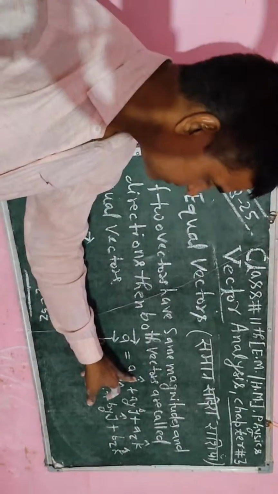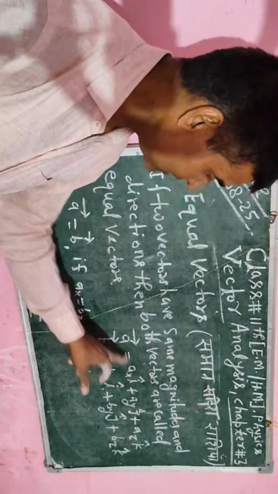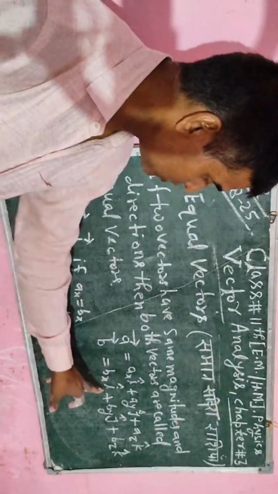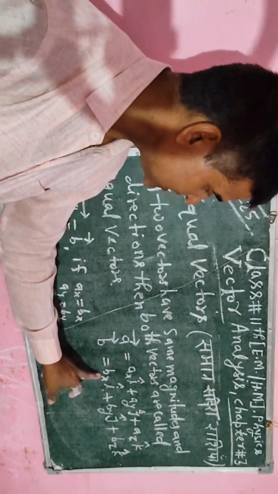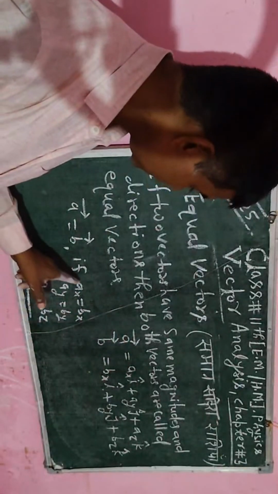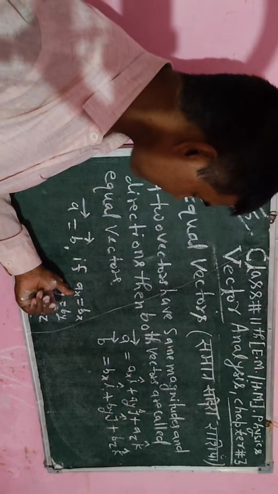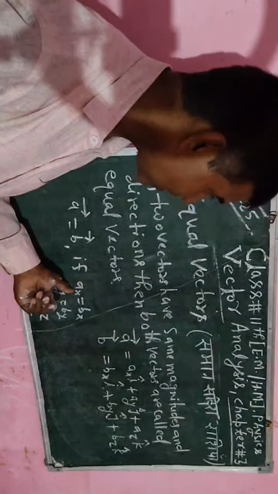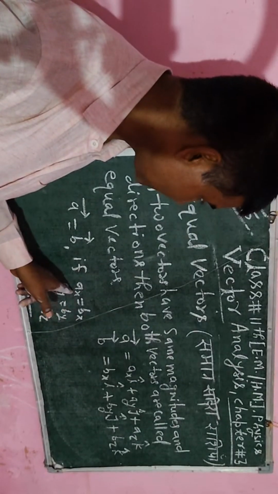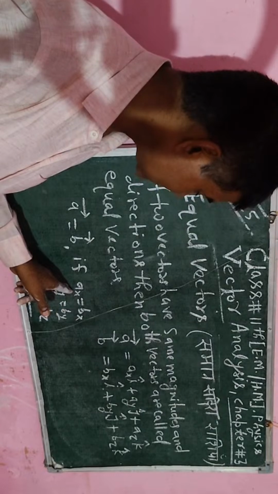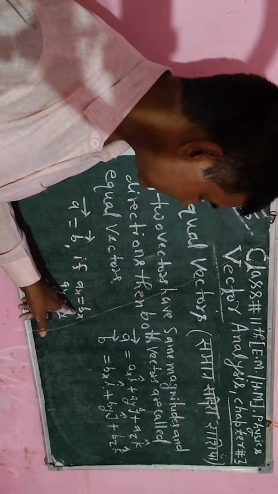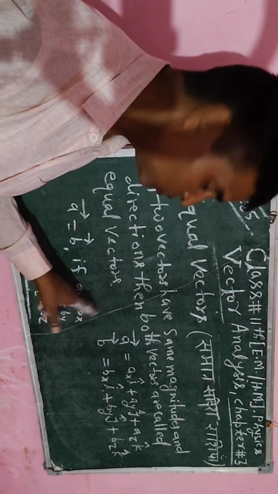The vector i in vector A has coefficient ax, and in vector B the vector i has coefficient bx. So both vectors will be the same if the coefficient of i in the first vector, ax, is equal to the coefficient of i in the second vector, bx.